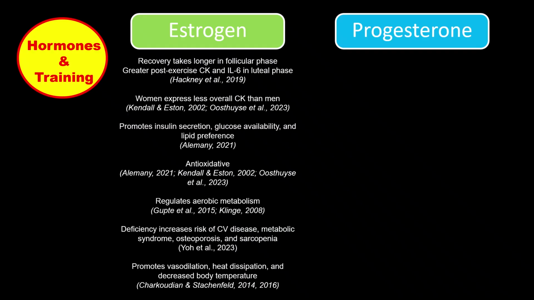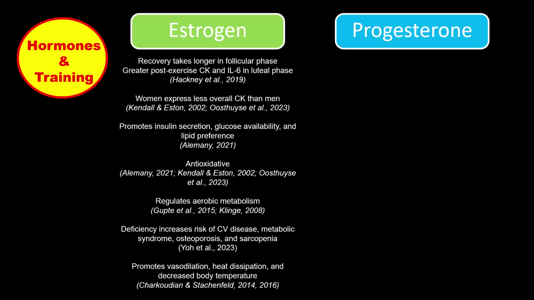There's also a lot of metabolic effects that come from estrogen, and what I found particularly interesting is lipid preference. When lipids and glucose are in similar supply, estrogen will sort of lean into a lipid preference for aerobic metabolism.